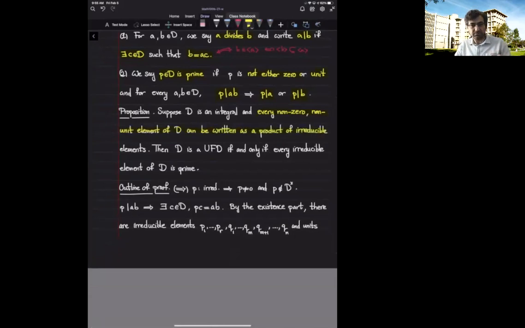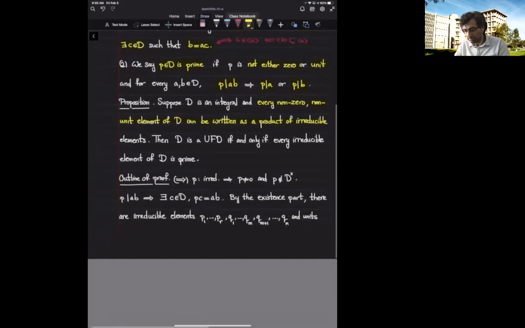That's part of our assumption. I know why the existence part holds. For instance, I can assume that D is a Noetherian integral domain, but it doesn't matter if it's Noetherian or not. Suppose that the existence part actually holds.